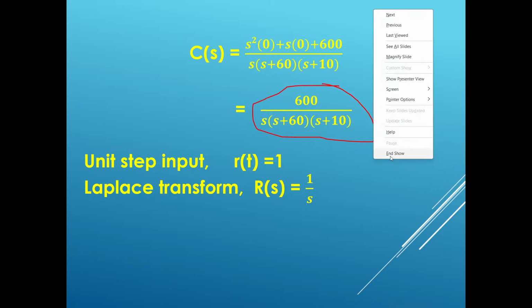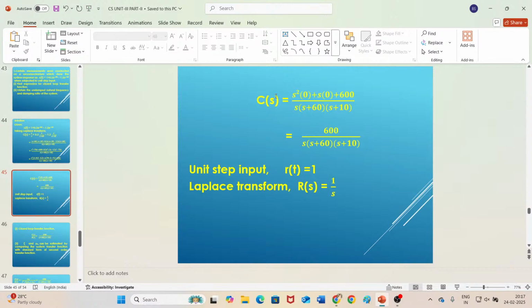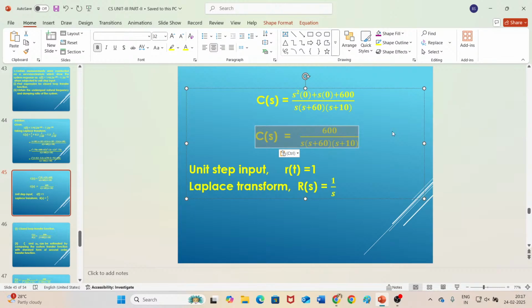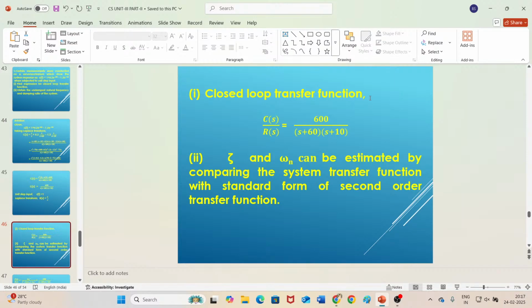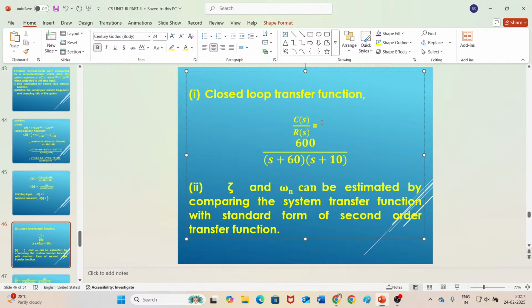I will write it down. So this is C of s divided by R of s. What is R of s?